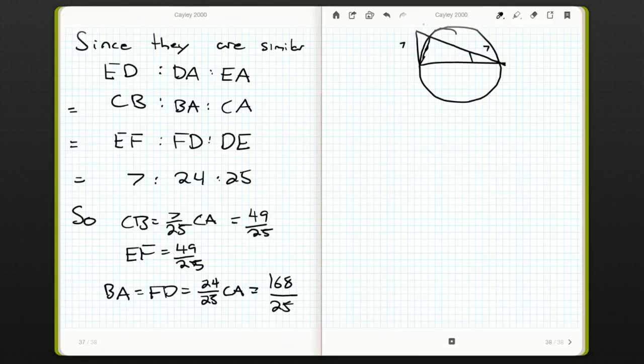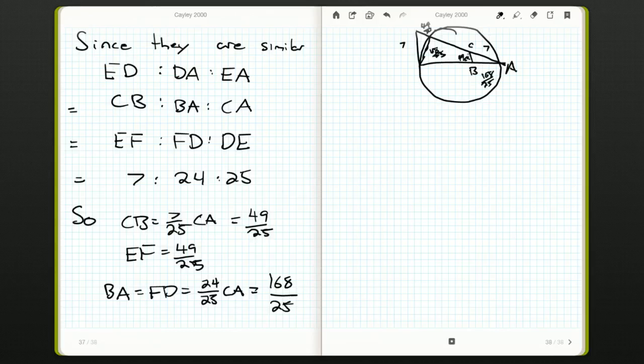Now we have 49 over 25, 49 over 25. Now we have one of the lengths of the perimeter, and actually we have another one over here, 168 over 25. And we have BA is 168 over 25.